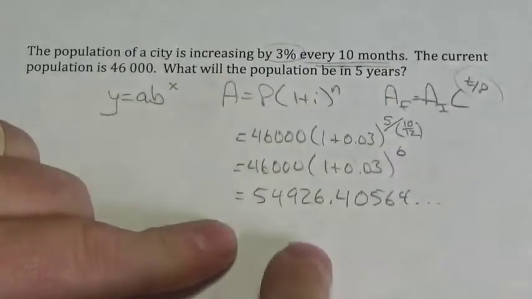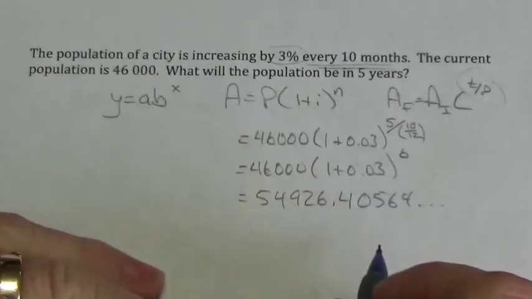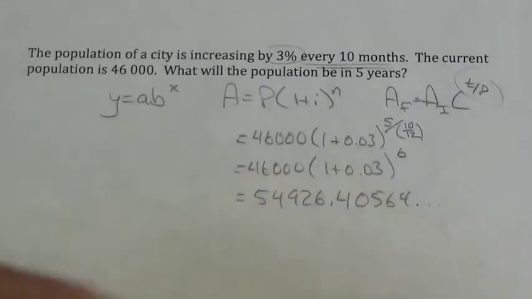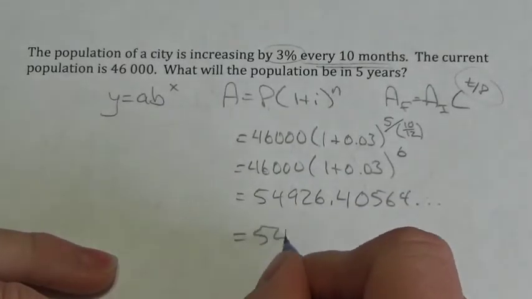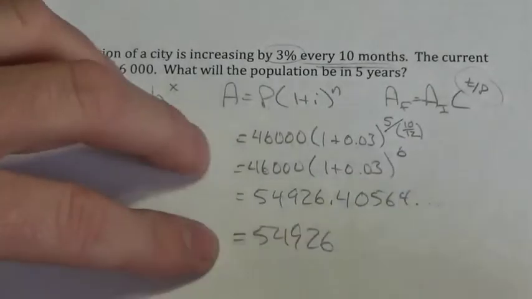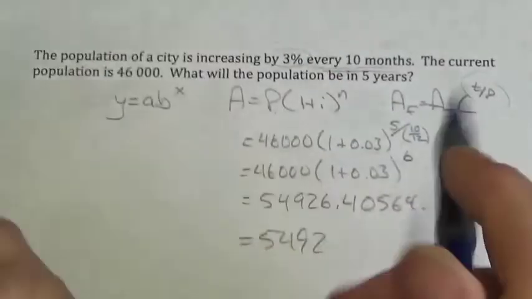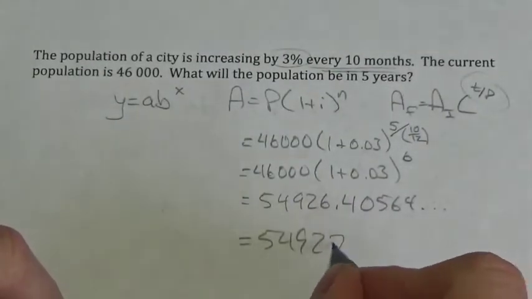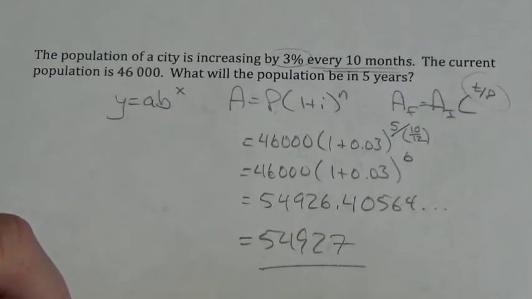It adds everything up here, but it doesn't quite know what to do with that fraction that's left over. Let's just make that a rule that when it comes to people, we're going to round up. So instead of being 54,926, even though that's 0.4, let's make that 7. Let's round that up.